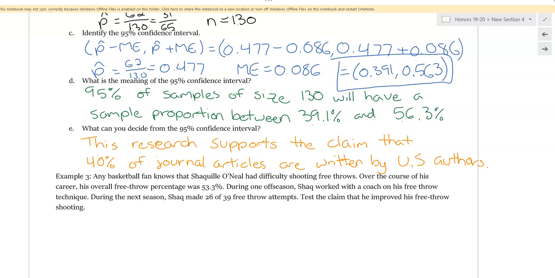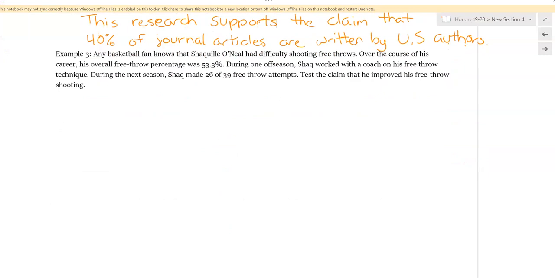Okay, we're going to do one more. So a lot of times you'll see the question like this. It won't be broken down into those different parts. Any basketball fan knows that Shaquille O'Neal had difficulty shooting free throws. Over the course of his career, his overall free throw percentage was 53.3%. During one off-season, Shaq worked with a coach on his free throw technique.